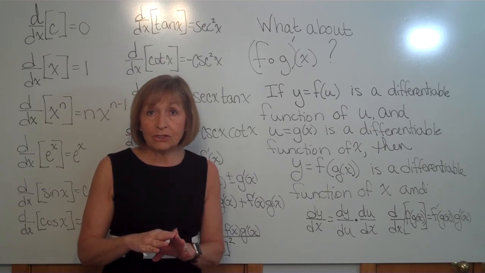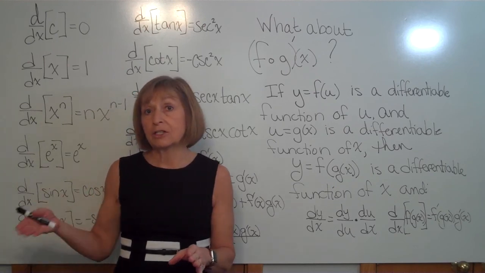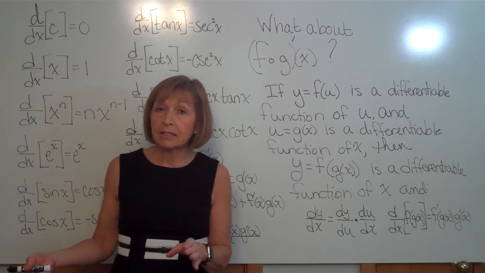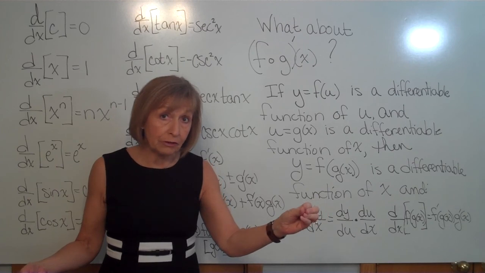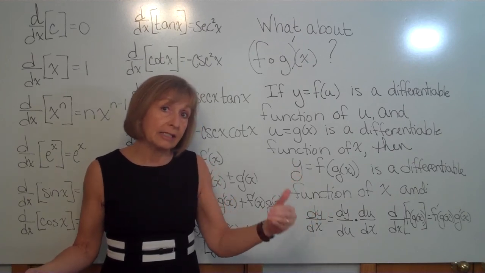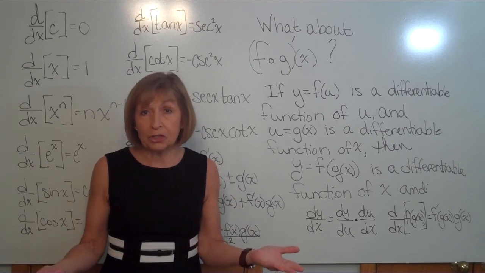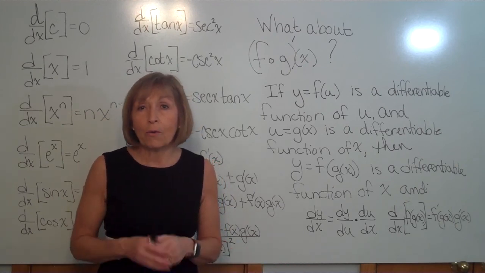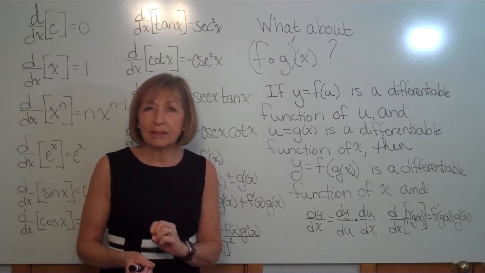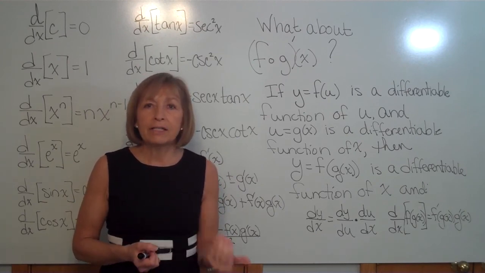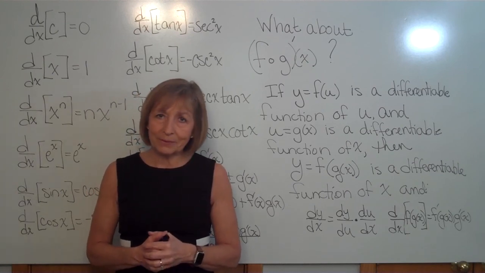Making sure that I can identify when I have the product of two functions, in which I need to use the product rule, or a composite of two functions, in which case I need to use the chain rule, is huge in this context. So keep looking at those and be very discerning about which case you have. Let's go to some examples.